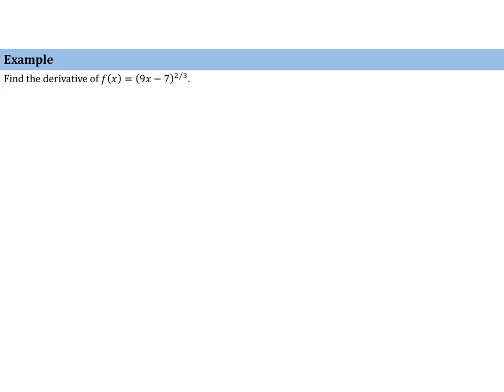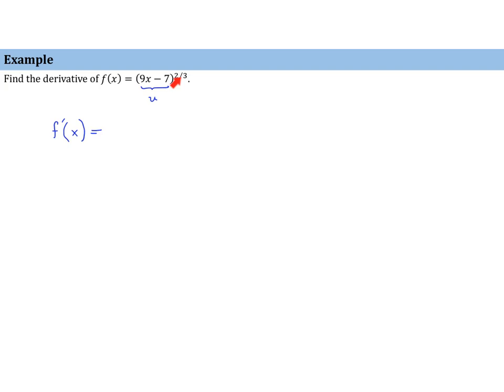So let's take a look at an example. Here we have f of x equals the 2/3 power of the quantity 9x minus 7. So here, our inside function is 9x minus 7. So f prime of x equals. We'll take the exponent of 2/3, we'll bring it in front.